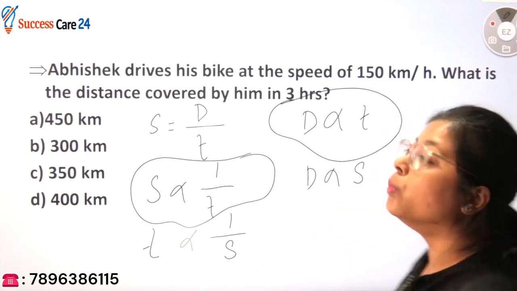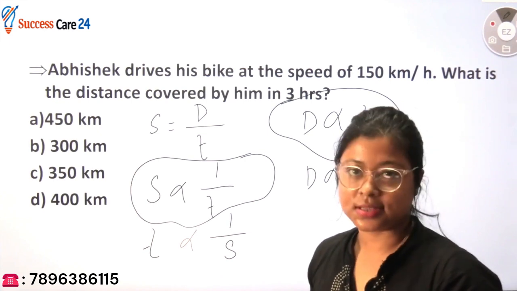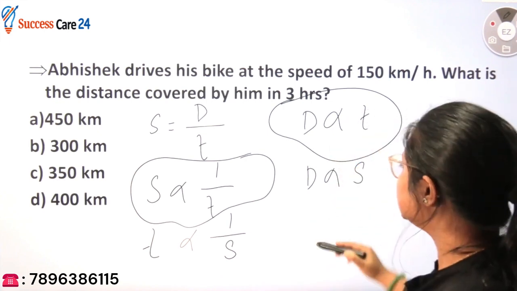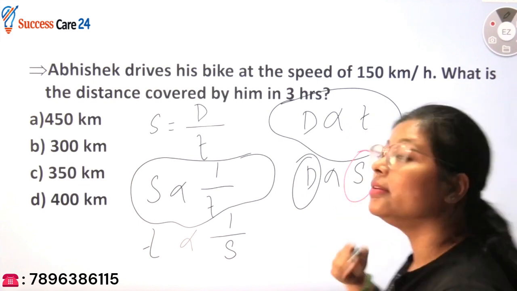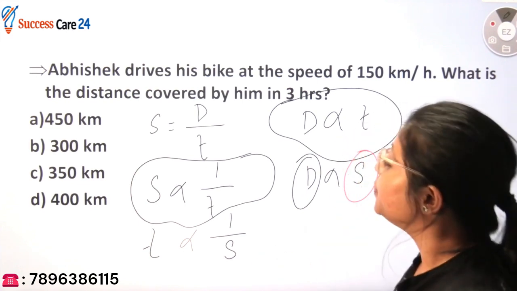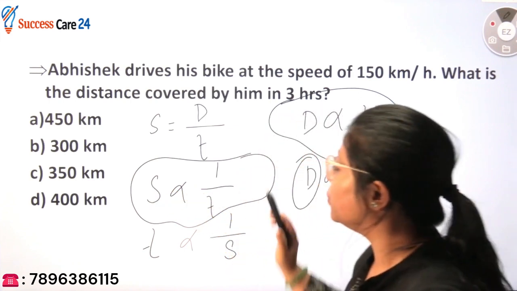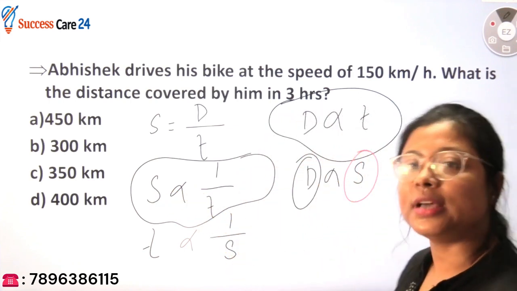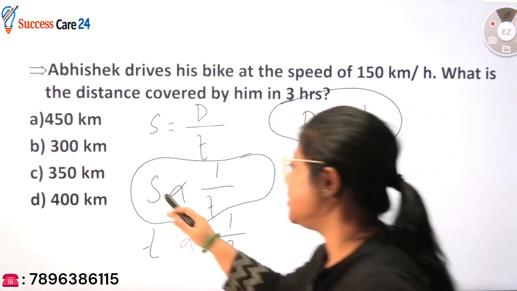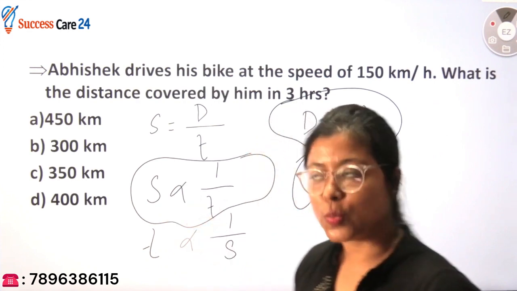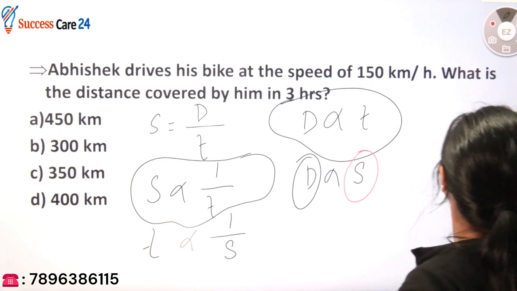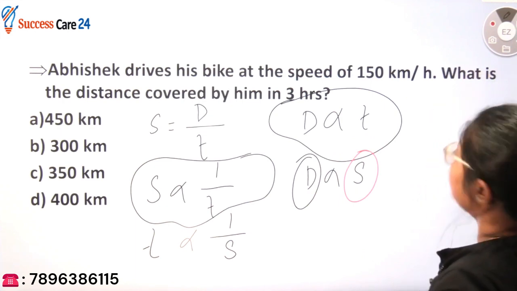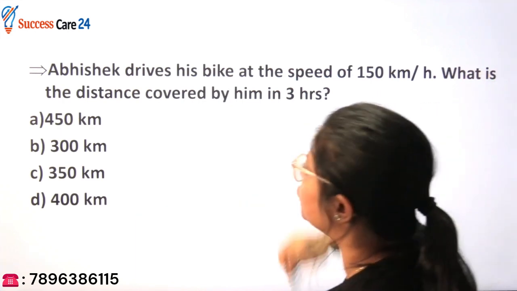That means the more the speed, the more the distance covered. But when speed increases, we take less time to cover that distance, so they are inversely proportional. These are the basics we need to solve the questions from this topic. So let's move to the questions.